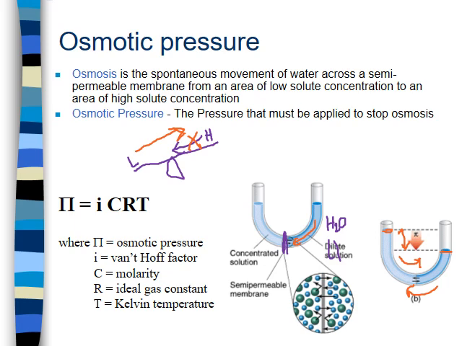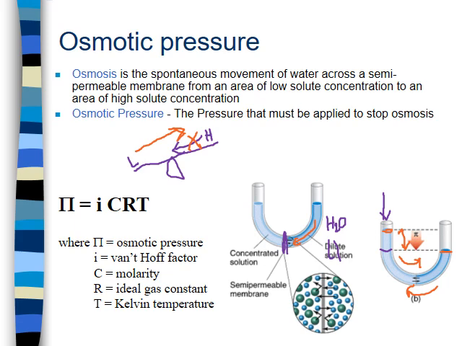Another way to say that is if you started to apply excess pressure, so let's take a piston or something and start applying pressure here, we could force that water to move back to its original levels until it's equal on both sides. If we push it back to its original state, then the pressure we would need to use to do that is called osmotic pressure.